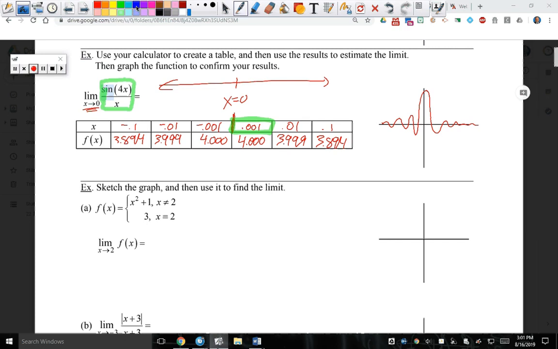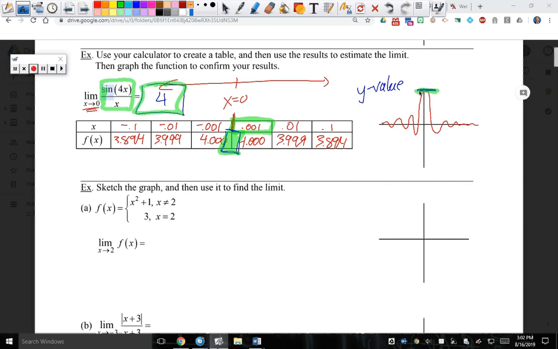So what value is it going to approach as a y value? Anyone? 4. So that's the answer. The limit is 4. That is the y value answer here, in between, on the y-axis.